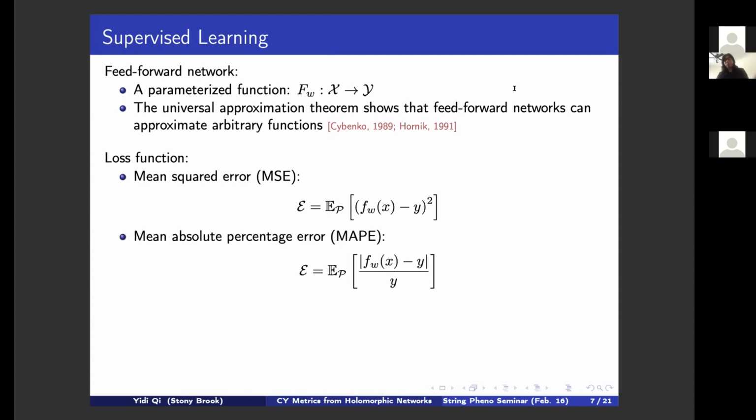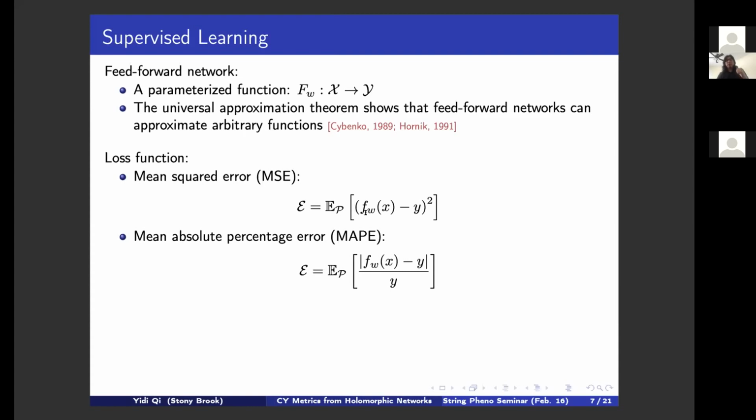Now the question is, how do you find the correct relation you want for some specific questions? We introduce this thing called the loss function. It's basically a measurement of the performance of your network. Here are two simple examples. The first one is the mean square error, the MSE.